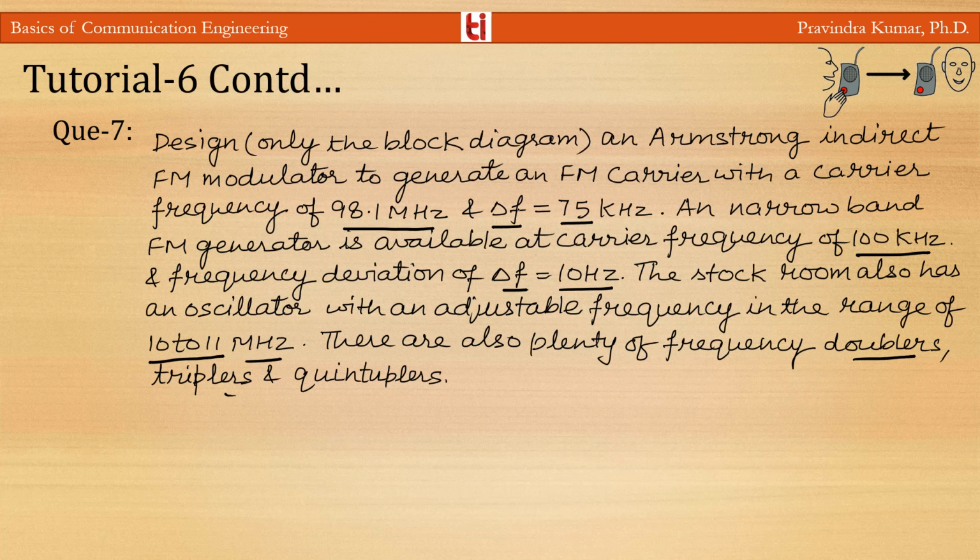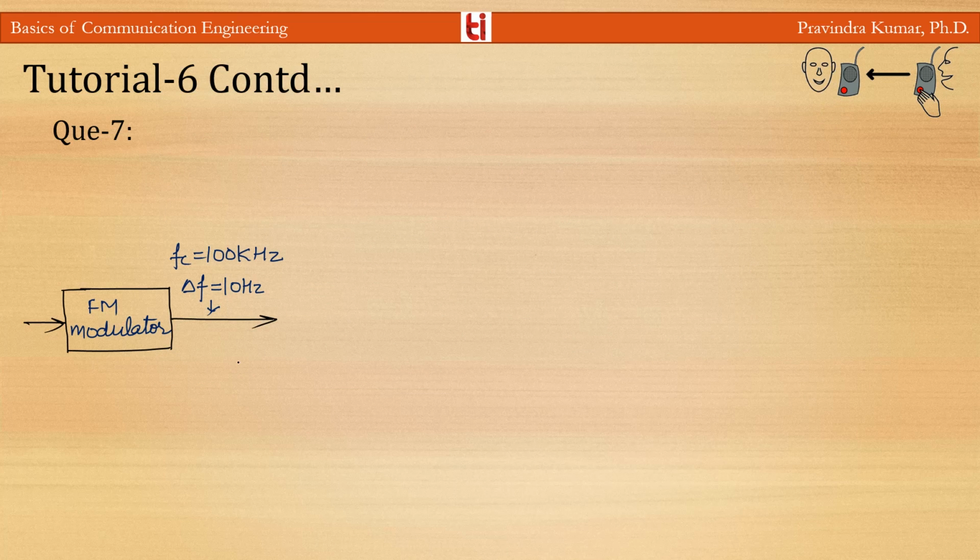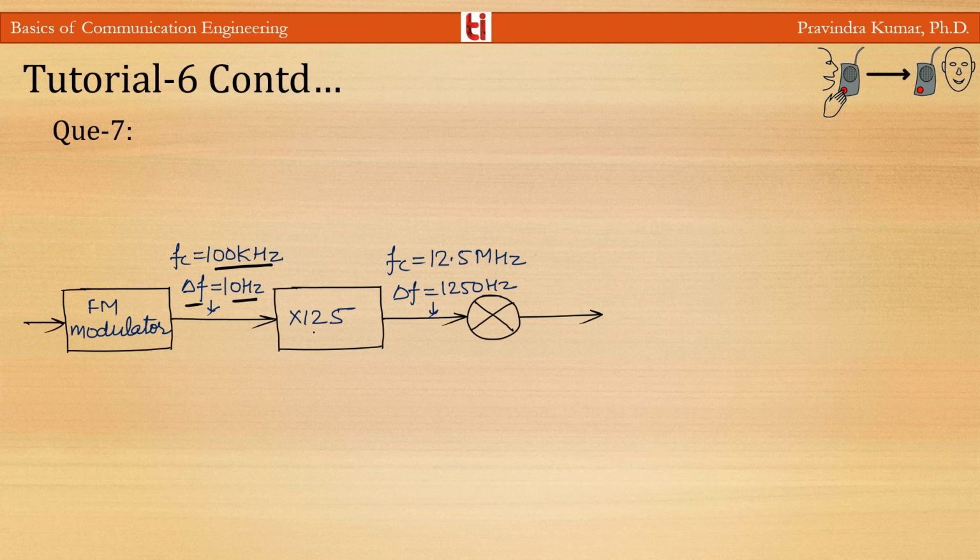So you can see here the FM modulator output frequency is 100 kilohertz and the deviation is 10 Hz. Now if I use a multiplier of 125, then with the multiplier of 125, FC will be 12.5 megahertz and the deviation will be 1250 hertz.